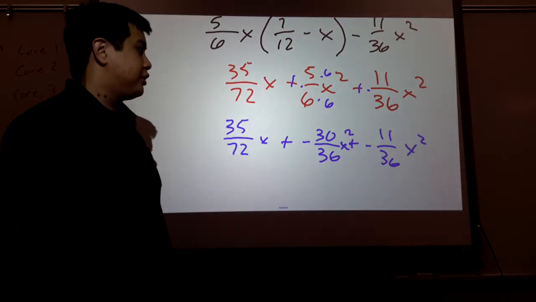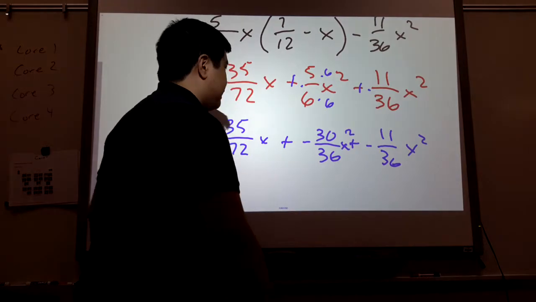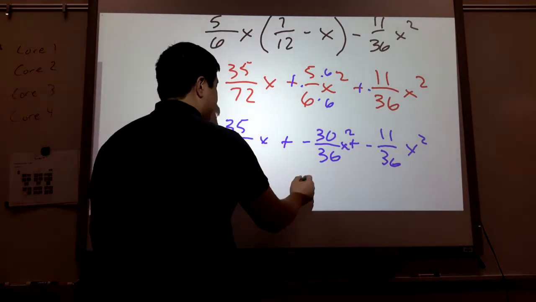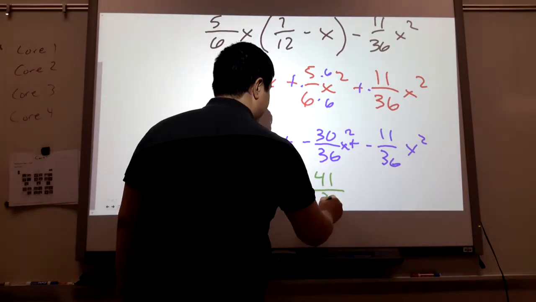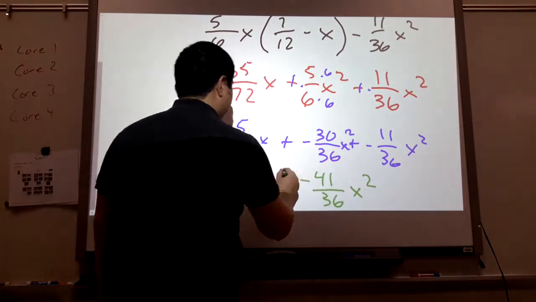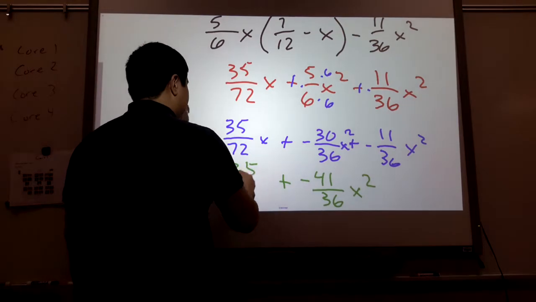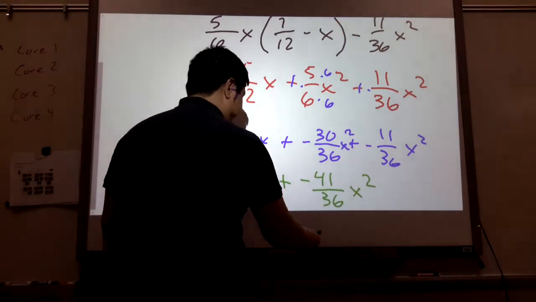And our final answer is to combine these two, which gets us negative 30 plus negative 11 is negative 41 over 36 x squared plus 35 over 72x.